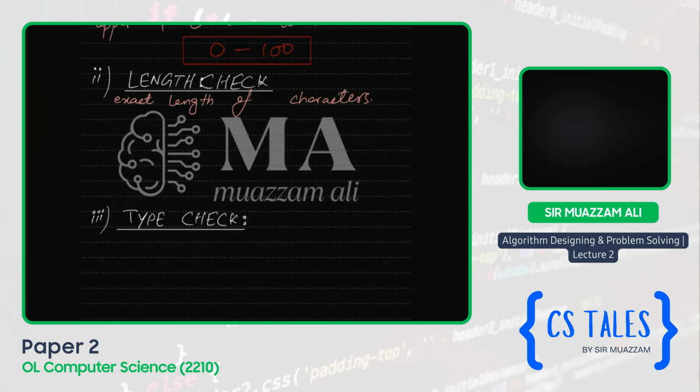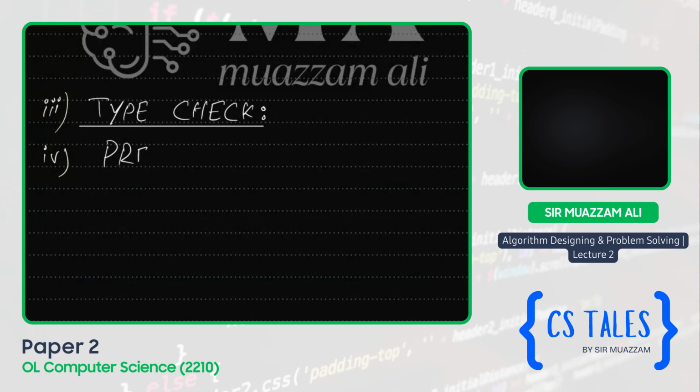Presence check means, for example, you are filling out an online form. Suppose you forget one of your password or your email. It will not submit your form. It will tell you that you have not entered this data here, because a presence check was applied there. So it tells you to enter your email or password, and it becomes compulsory. Without it you cannot go ahead.